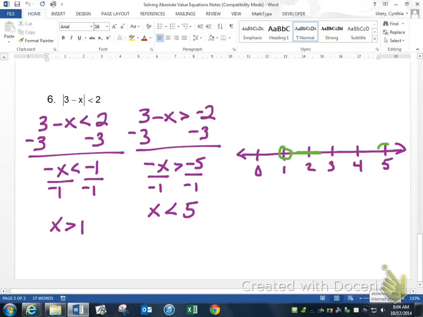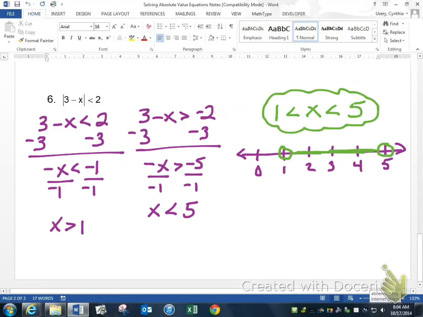X is less than 5, open circle on 5, and we're going to go this direction. They are going to meet, therefore I can write a compound inequality. So you take the smaller number, 1 is less than x, and then the bigger number goes on the other side, is less than 5. That means x is between 1 and 5. It's a compound inequality, because it can be both of those.